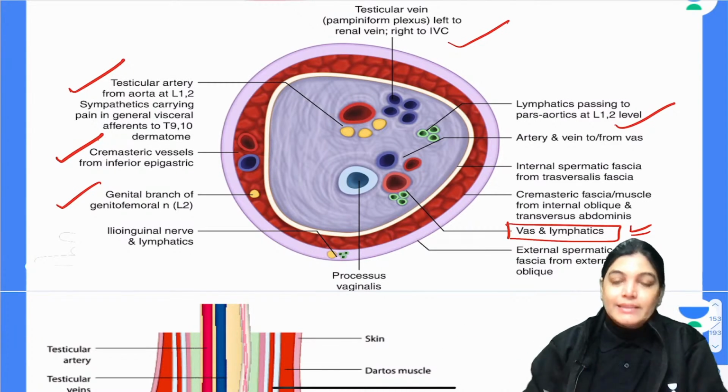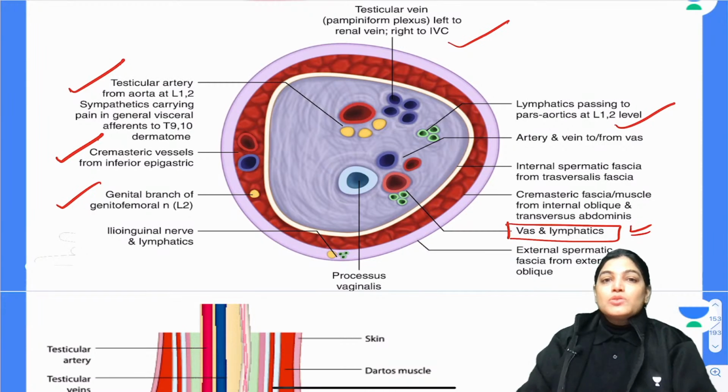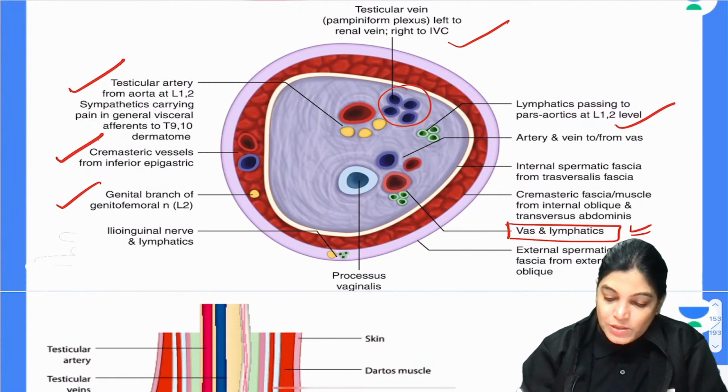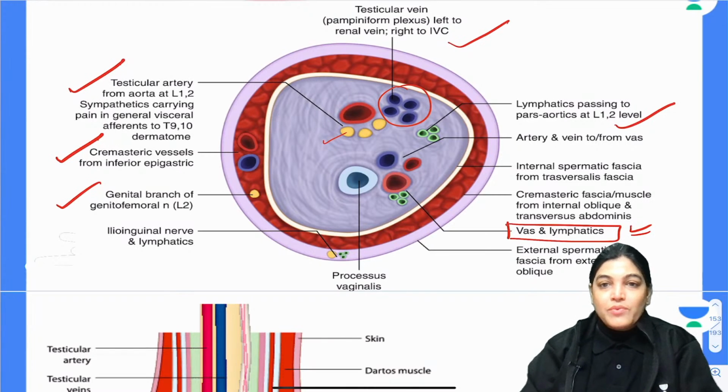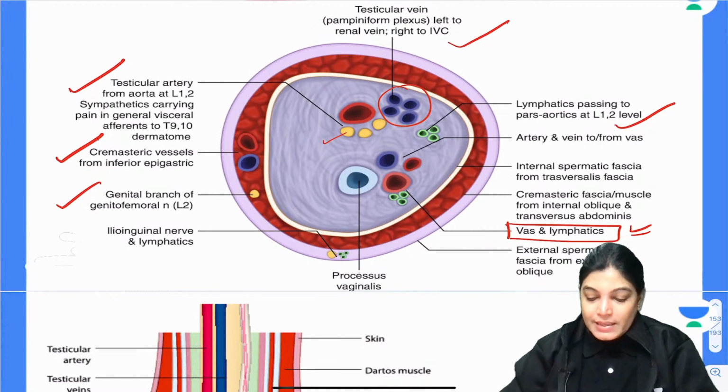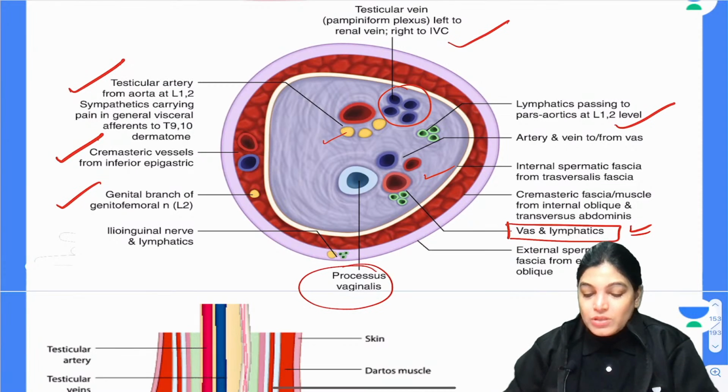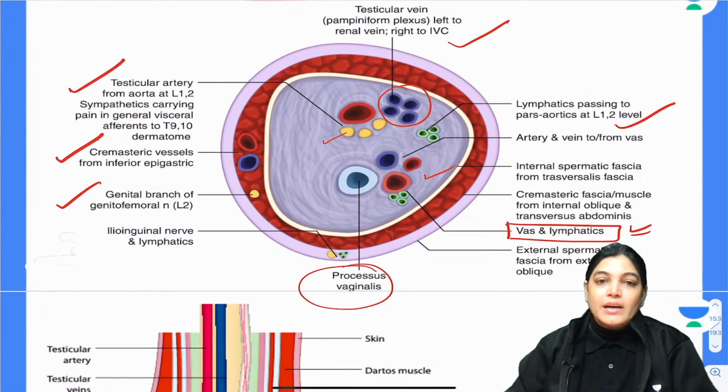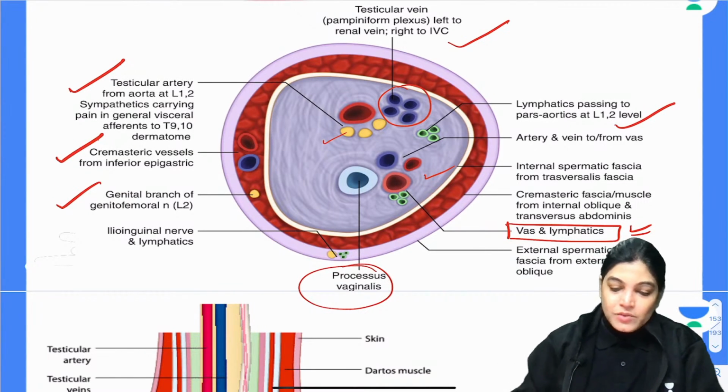So those are all the contents. You can see here testicular veins has been shown, the testicular arteries has been shown, sympathetic plexus which is covering it, the vas deferens and the arterial supply of vas deferens inside, processus vaginalis. All these structures are the contents of spermatic cord.